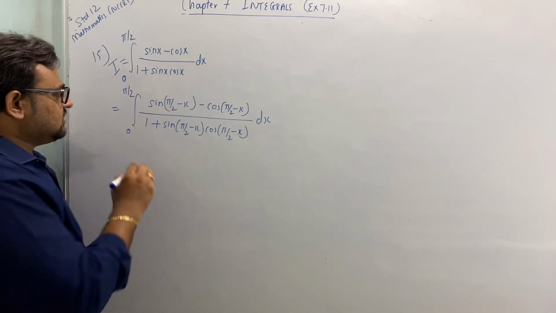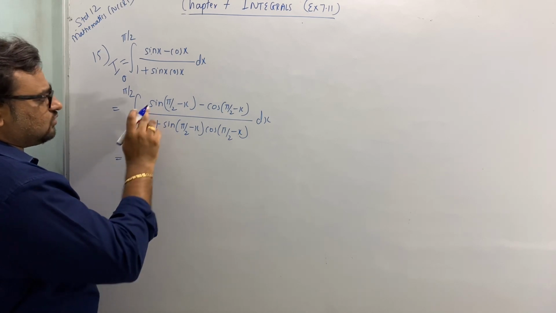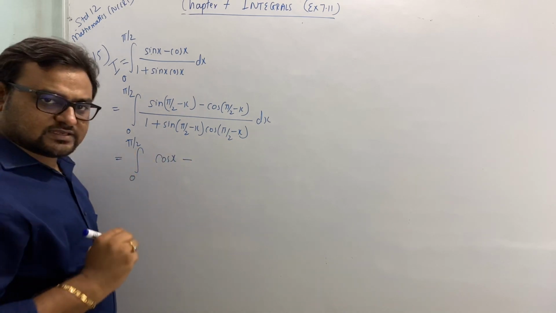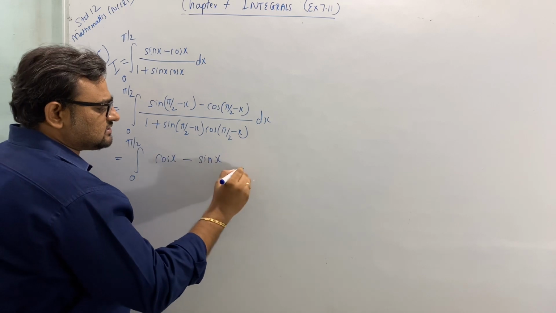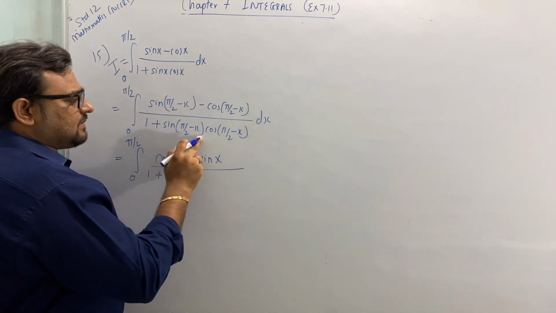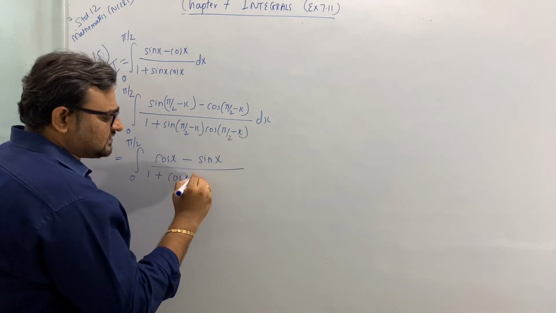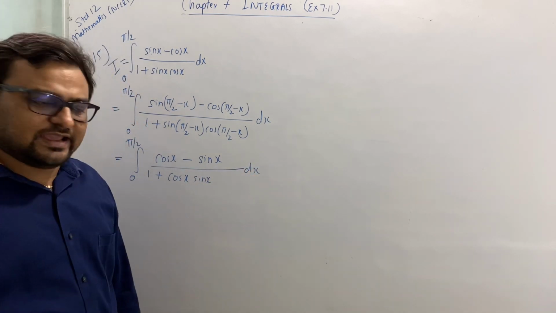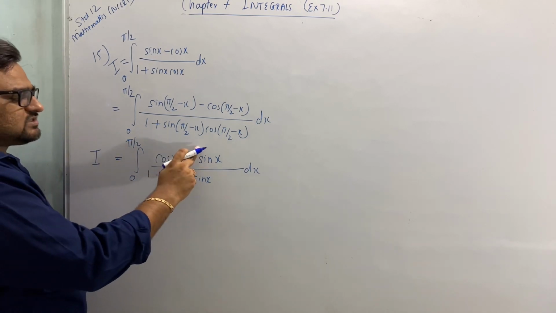Cos x. And cos pi by 2 minus x is sin x. 1 plus sine pi by 2 minus x is cos x. Clear? So I am writing this I equal to cos x minus sin x.